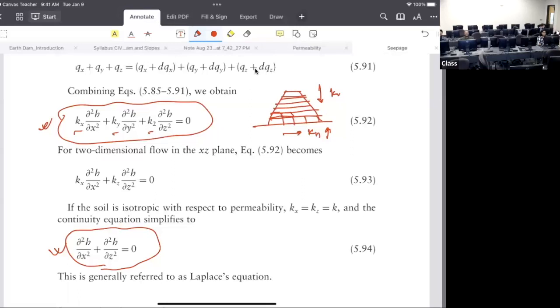Finite element, finite difference, finite volume: three kinds of mathematical methods to solve any differential equation. That's why all the seepage analysis software are finite element, because other than finite element, you cannot solve it easily.